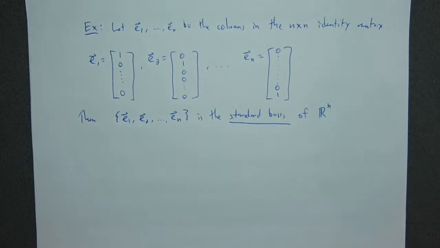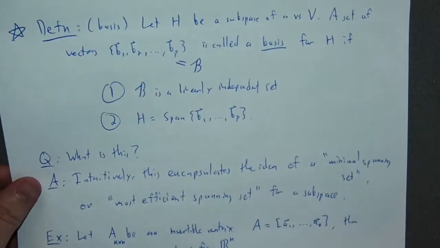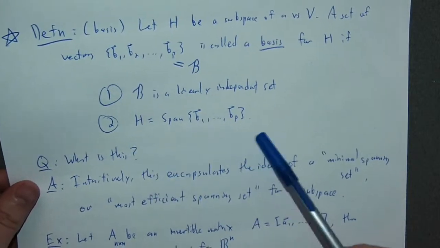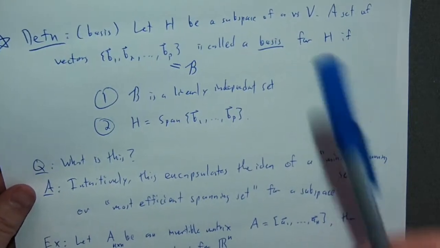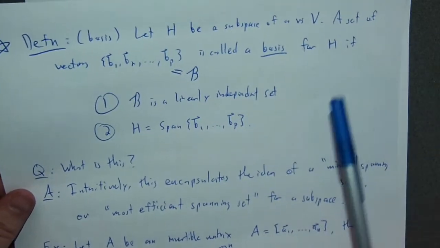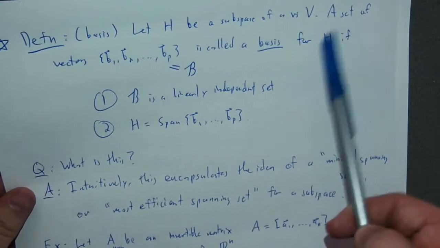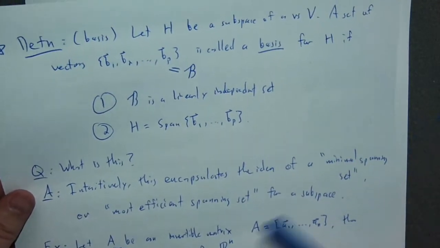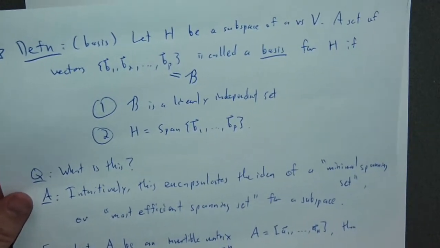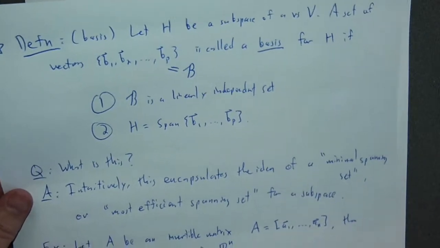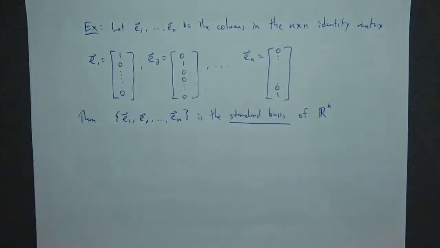But then how do I check whether or not something is a basis? Abstractly, I have to check two things: whether it's linearly independent, and whether it actually spans the thing that I'm claiming it's a basis for. When I say that something is a basis, that's not just in a vacuum. It's claimed to be a basis for some subspace H. You could go in the opposite direction. If I give you a list of vectors, you could define H to be the span of those vectors and then ask, are they a basis for the subspace they span?